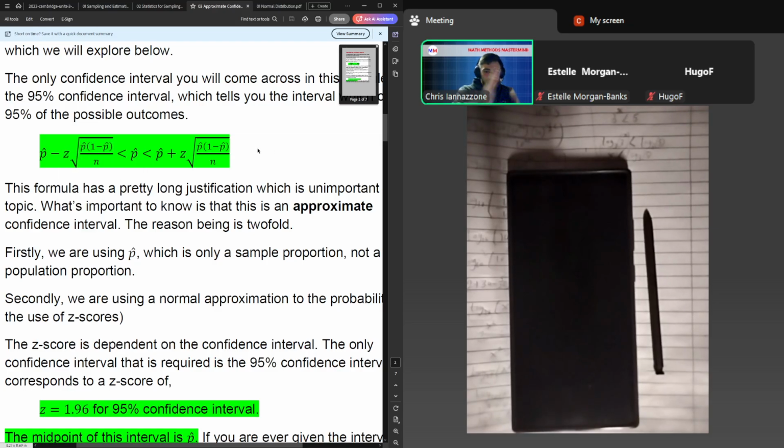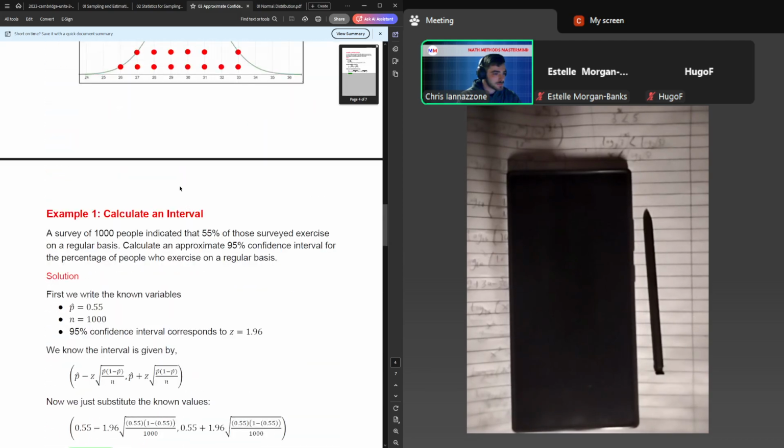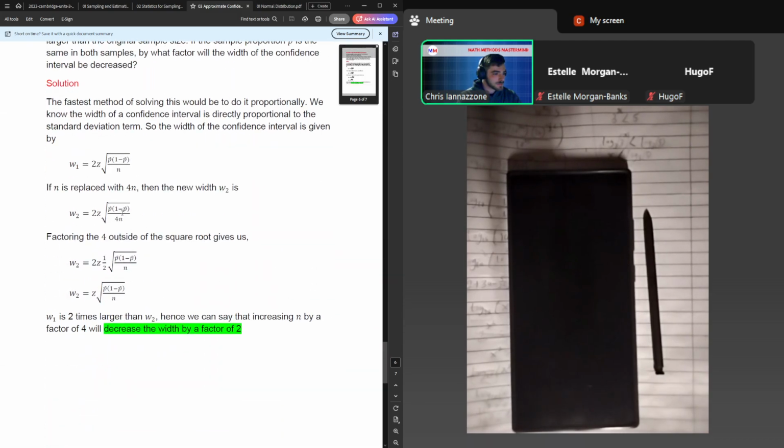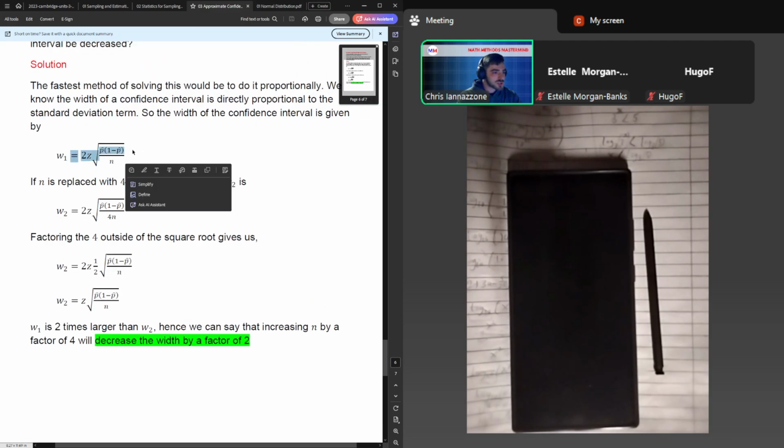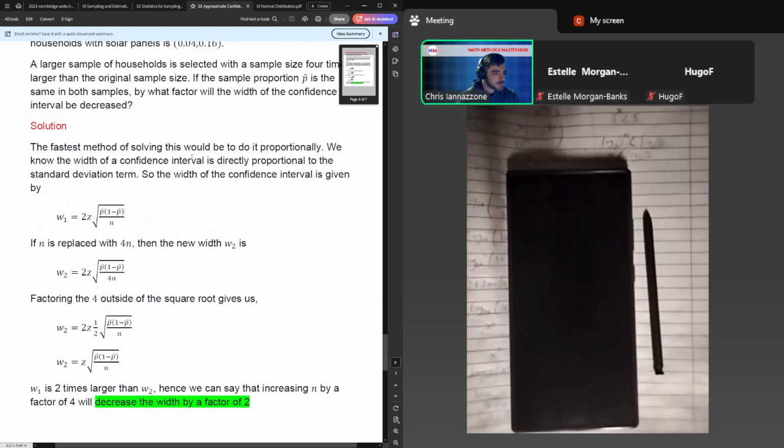So the total width of how far horizontally you've gone is dictated by 2 copies of this. So if we go all the way back down, the width of the confidence interval is going to be 2 lots of the standard deviation, whatever that standard deviation is. So that's where we're currently standing.